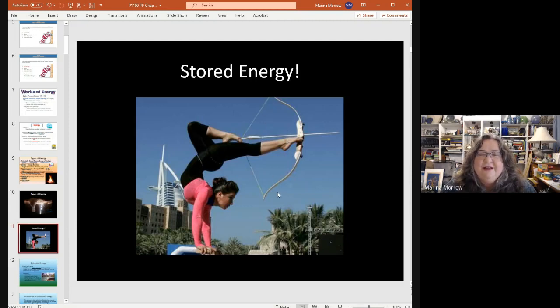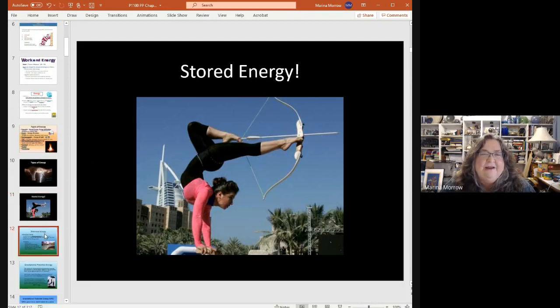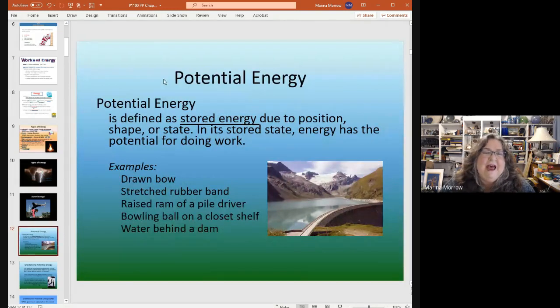She's pulled the string of the bow back, and that means that she has stored energy into it. And then when she releases that string, it will push the arrow forward and transfer the energy to the arrow. But right now it's in the stored position, in the tension of the string and the tension of the bow.